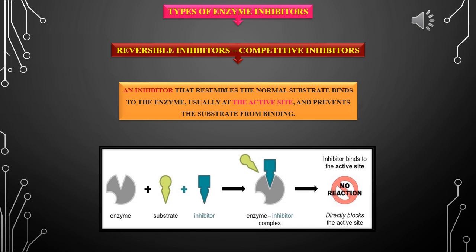It is an inhibitor that resembles the normal substrate and binds to the enzyme, usually at the active site, which is present in the enzyme for the substrate, and prevents the substrate from binding. Observe the image. The enzyme with active site is given where the substrate comes and binds. Before that, the inhibitor binds to the enzyme at the same place, so that the substrate reaction is inhibited totally.